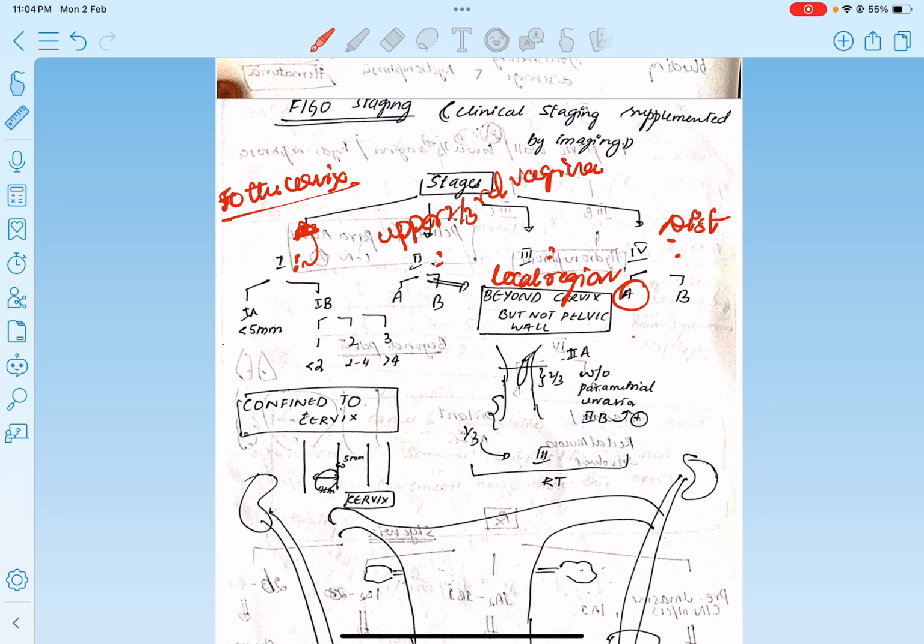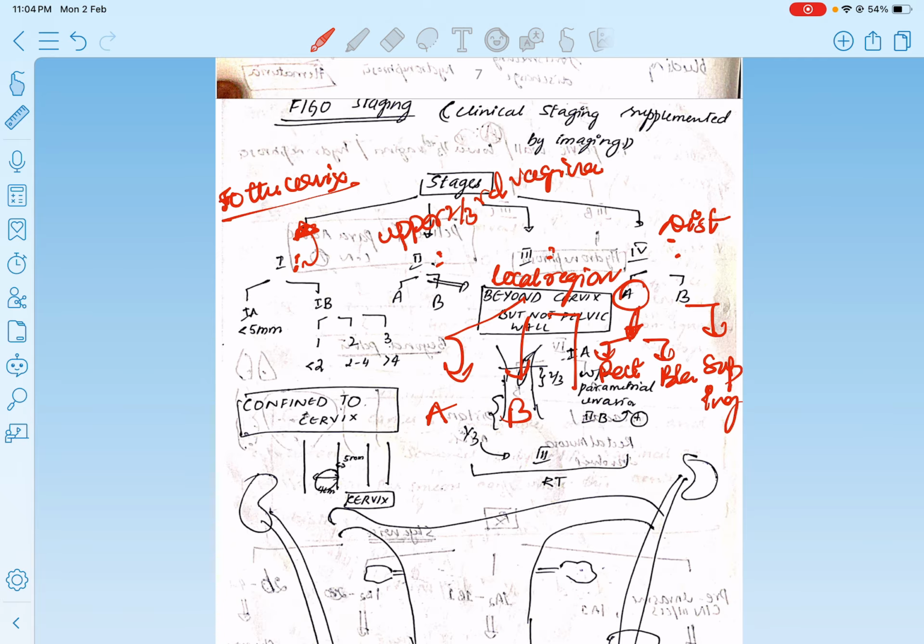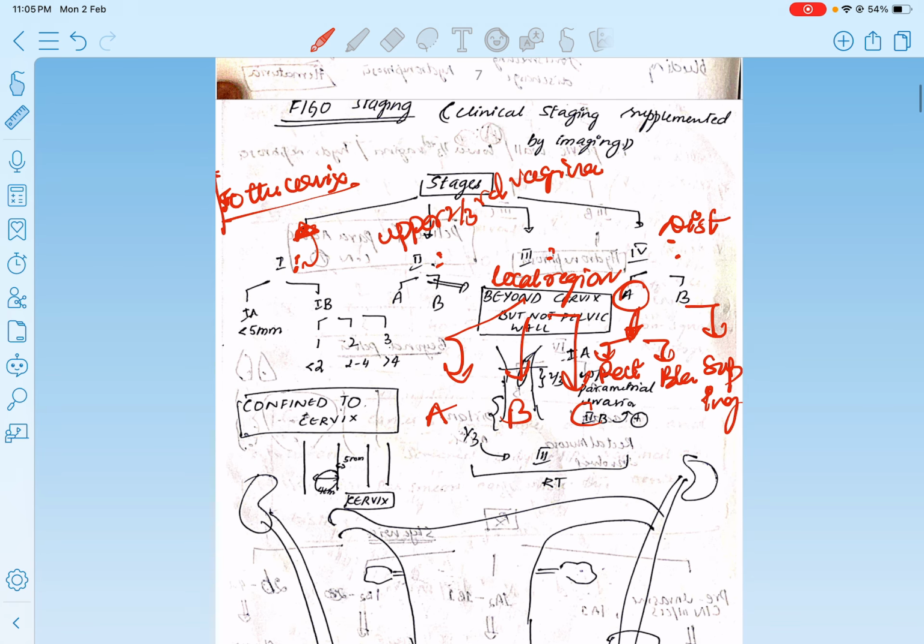And A is something to do with your proper rectum, bladder, and B is to do with superficial inguinal lymph nodes. So again you have 3A, B and C. We'll discuss later, but at least if you cannot learn the whole staging, make sure you learn these subheadings. Okay, stage 1 confined to cervix, then upper 2/3, then loco-regional, then distant metastasis.